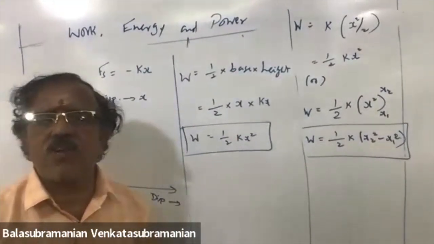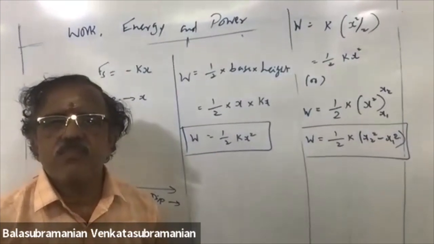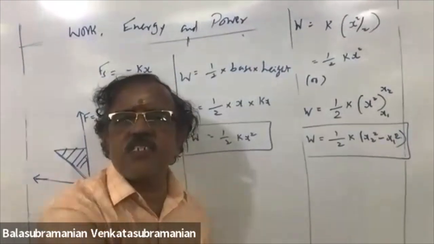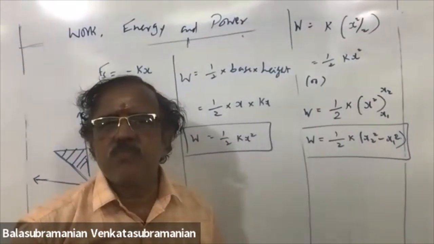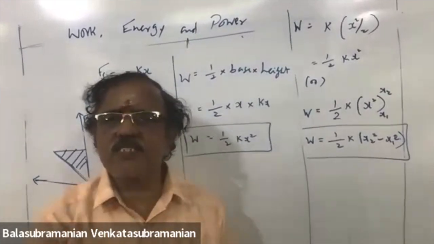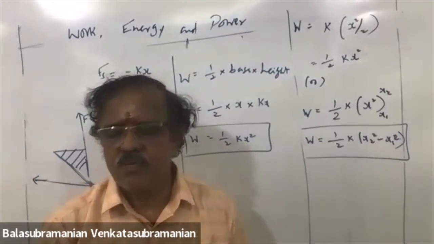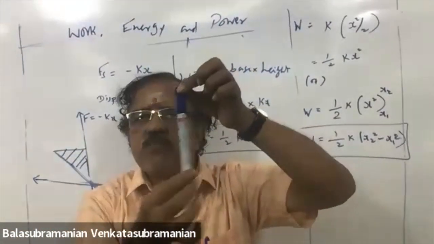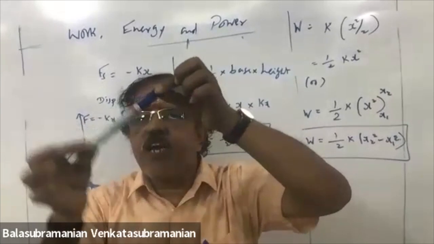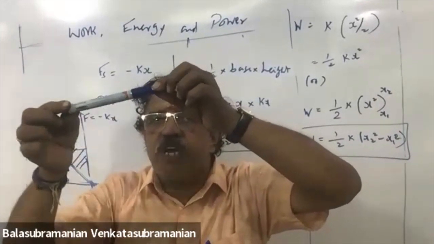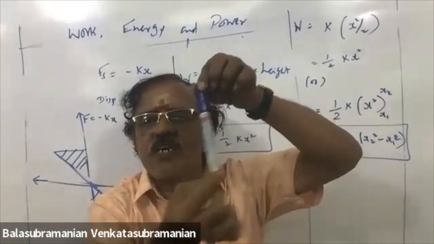Graphically also you can calculate. Sir, potential energy, kinetic energy I have. Then how to represent in a graph? You can take the example of a simple pendulum. You take a pendulum, oscillate it. When it is oscillating, at the extreme position, the velocity becomes 0, so it accelerates in the opposite direction.